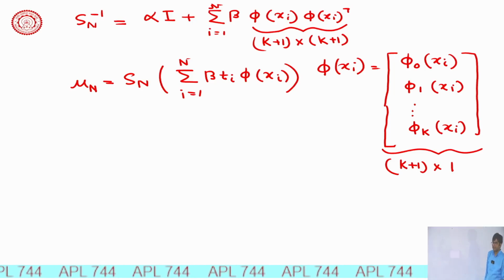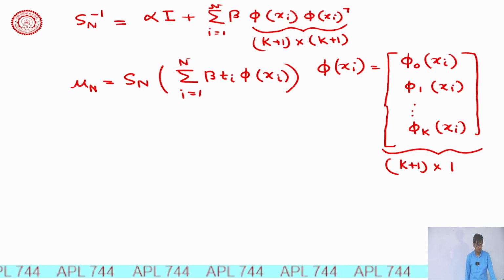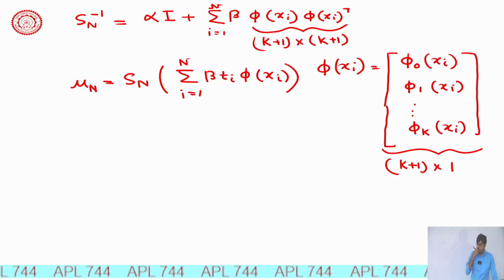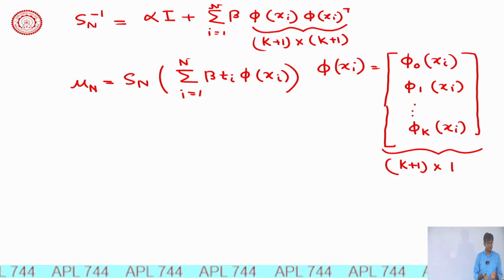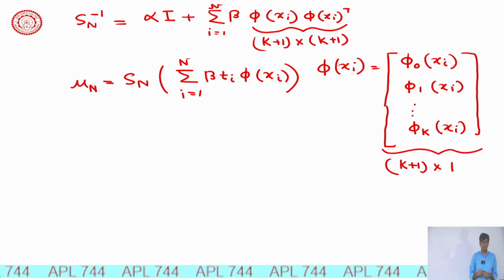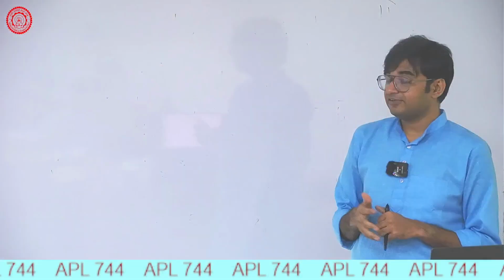This was the mu n that we derived yesterday, okay. Now, when you will actually write a code in today's time, be it Python, be it MATLAB, whatever you use, you will actually like to use or do things in a matrix form.